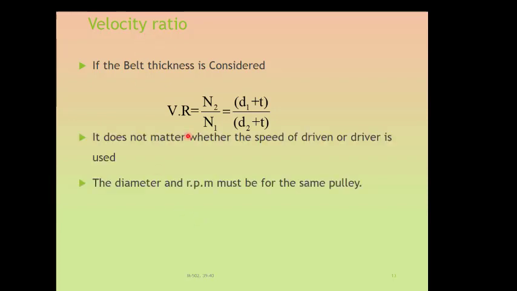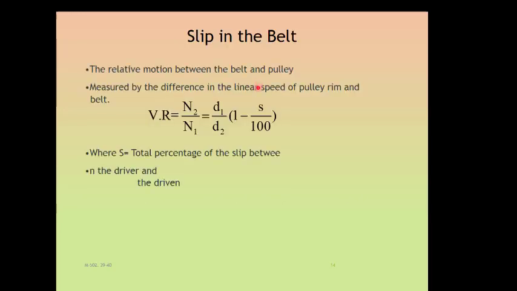Next, velocity ratio along with thickness. If we consider the thickness of the belt, we go with the addition of thickness. Same formula, with the addition of thickness. Next, sometimes when the belt is continuously rotating, there is a chance of slipping.